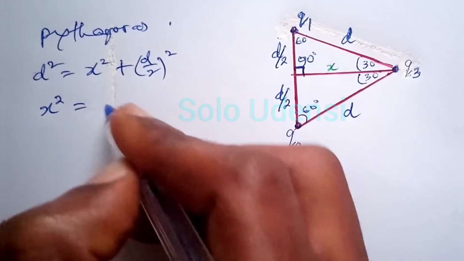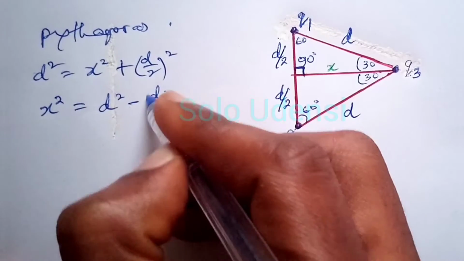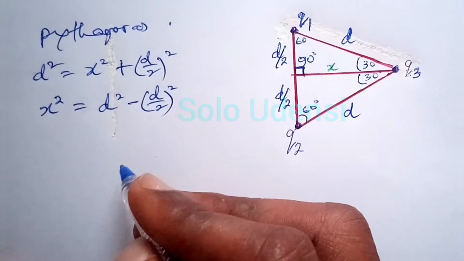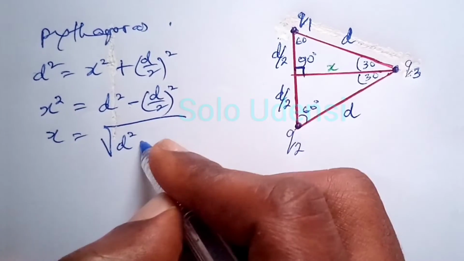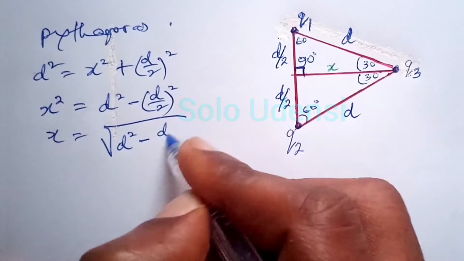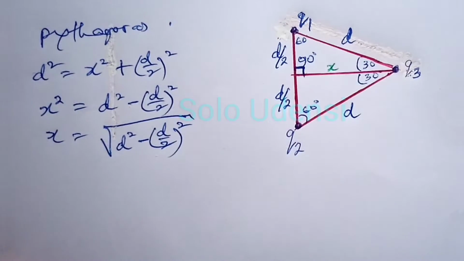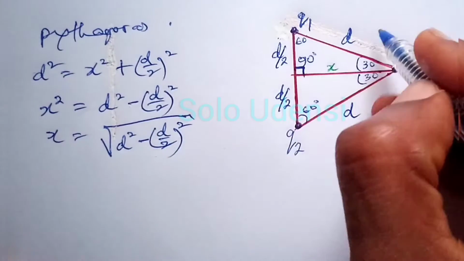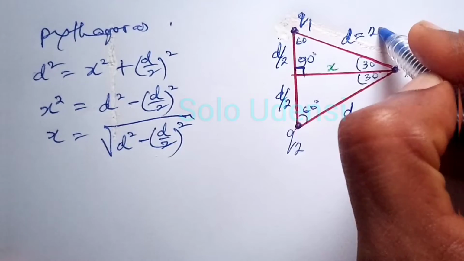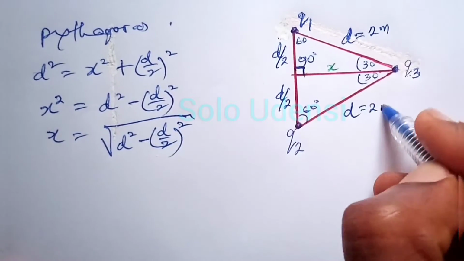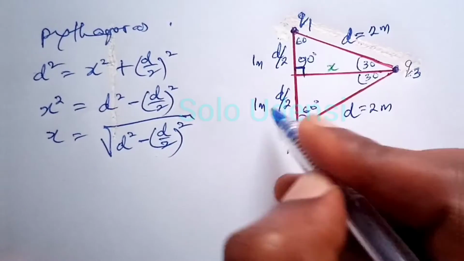So x squared is equal to d squared minus d over 2 squared, so x is equal to the square root of d squared minus d over 2 squared. If we put in the values, d is equal to 2 meters, so here will be 1 meter, here will be 1 meter.